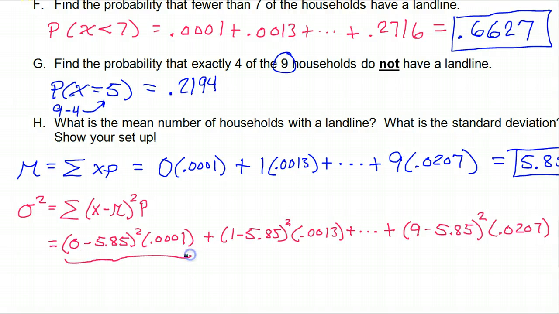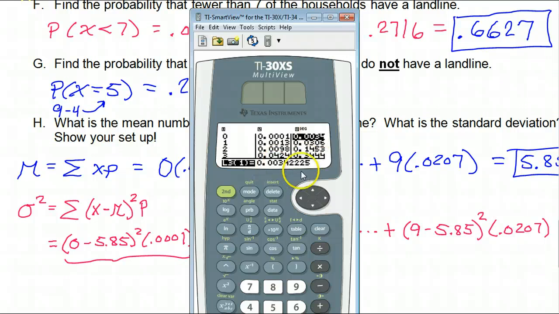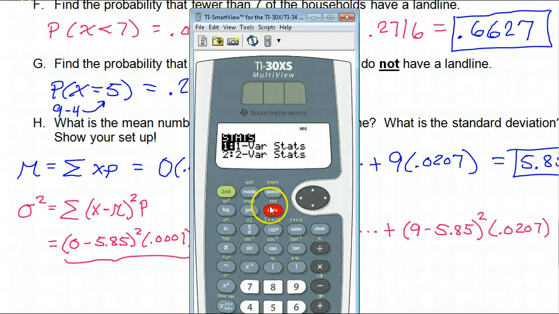The first number is this, the second number is this, and so on. So I need to add all of these together. Again, all I really need to do is add up every term of list 3. To do that, I will hit second data and choose one variable statistics and make sure that list 3 is highlighted.